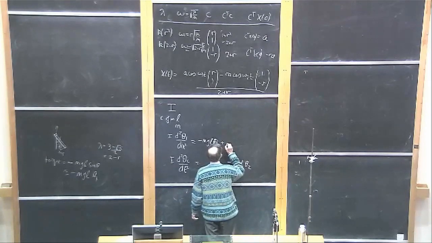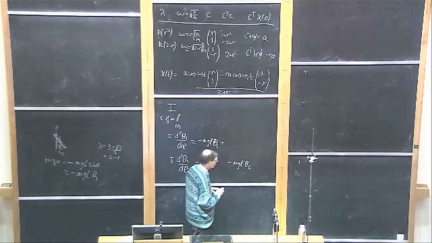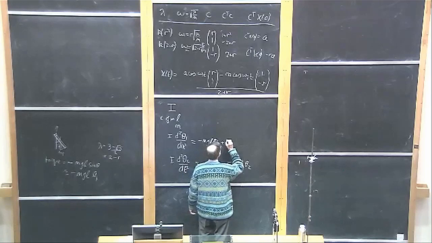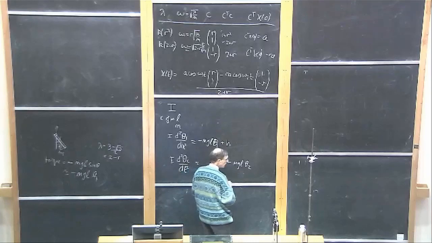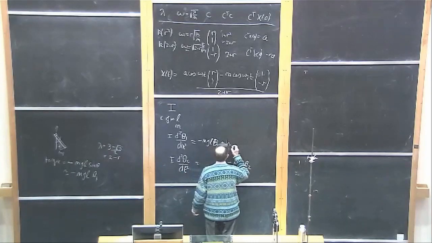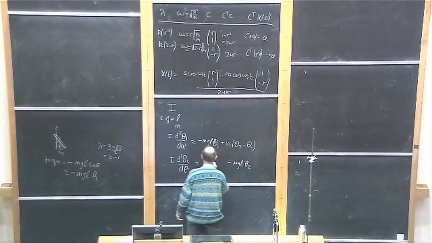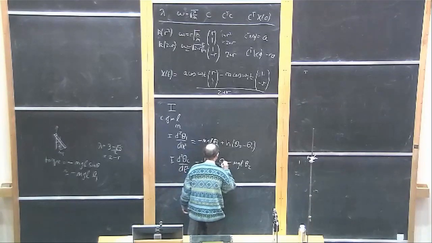So that's plus, I'll call the rotational constant h. So that's torque per unit angle, like force per unit extension for a spring. So that's h times theta 2 minus theta 1, and here it's minus h times theta 2 minus theta 1.